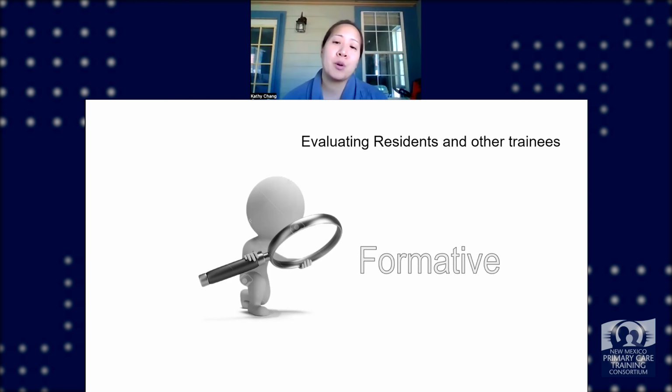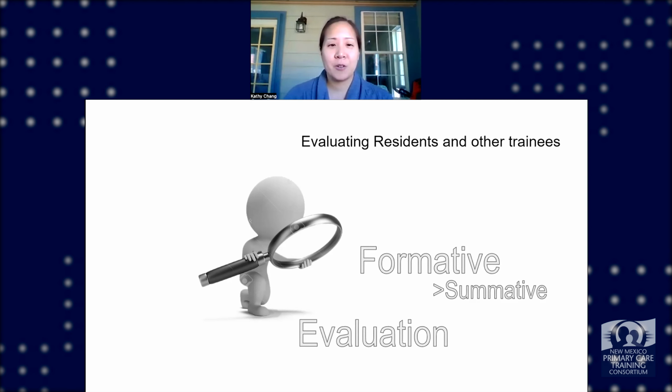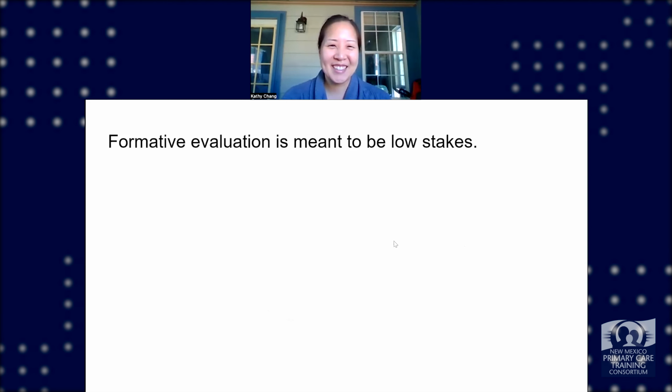We'll talk a little bit more about that if you haven't worked with that before. That is in contrast to what is called summative evaluation or assessment. The other thing I'm focusing on is evaluation, not so much feedback. Those are two separate things, and some of it crosses over. I might use the term assessment interchangeably with evaluation, but this is distinct from the concept of feedback itself, which is a whole other talk if you want to go down that route.